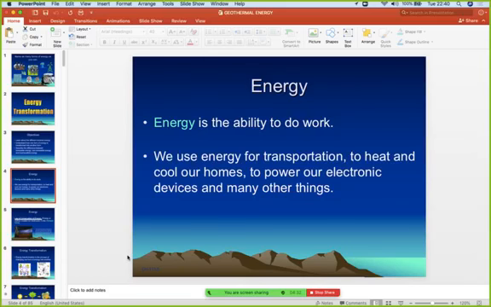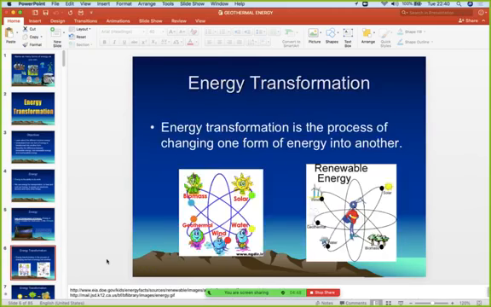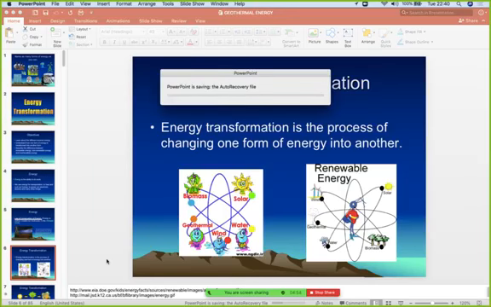With that power, we use that energy for transportation, to heat and cool our homes, as well as for electronic devices and many other things. So what are the transformations involved in dealing with energy?